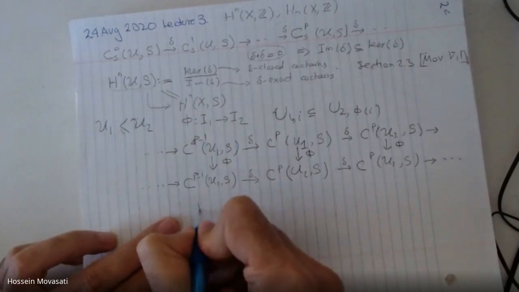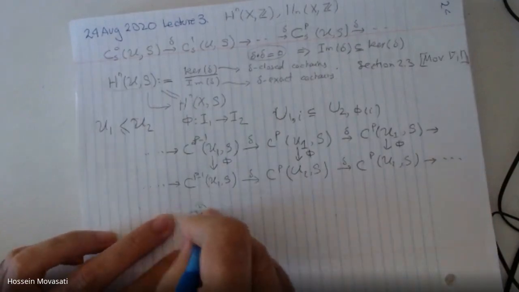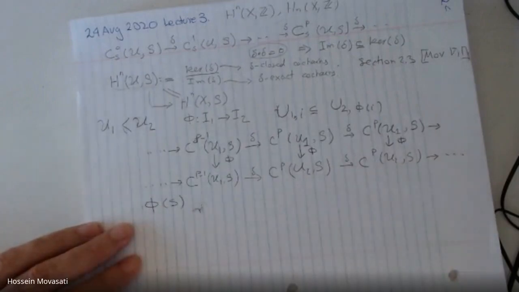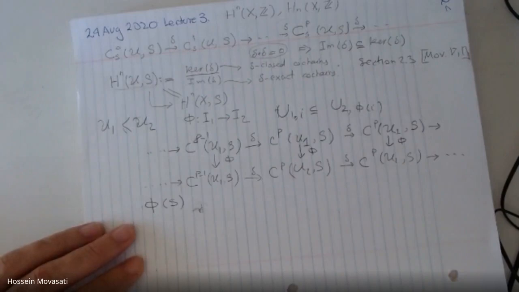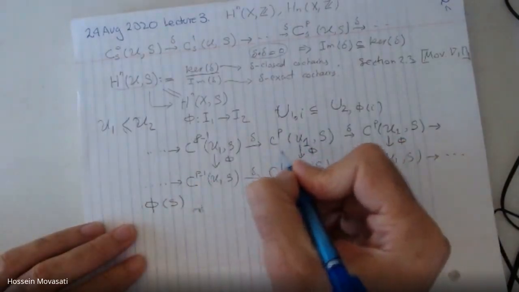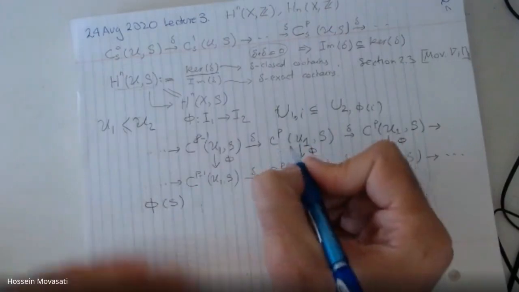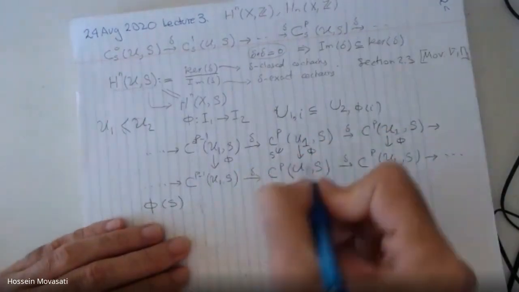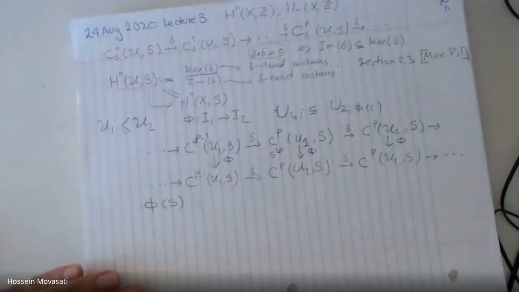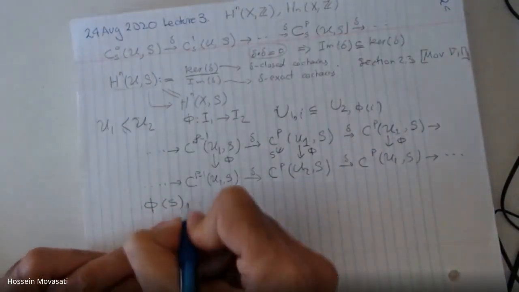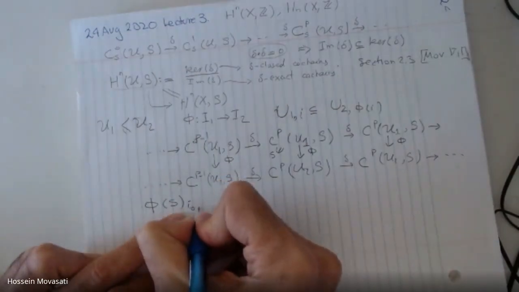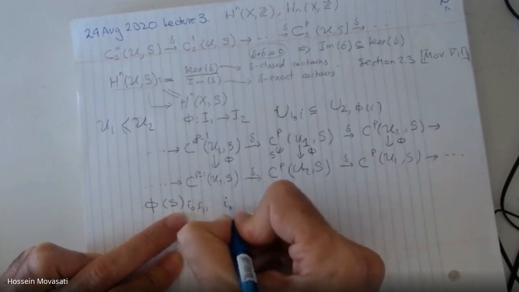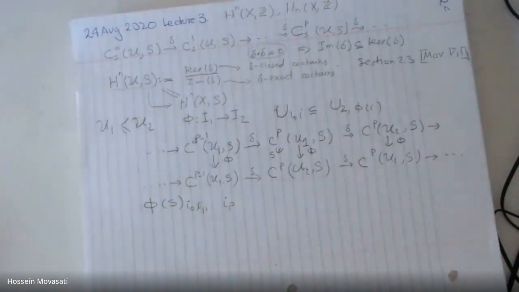In the text it is phi S. So let me define this phi S. It must be evaluated on the intersection of I1 through IP, so it must be an element here.